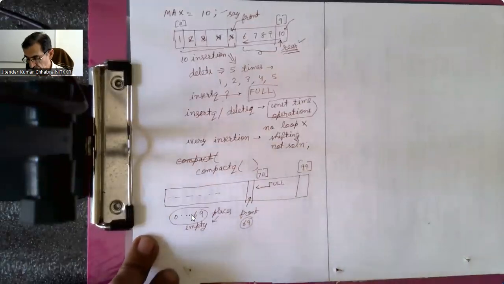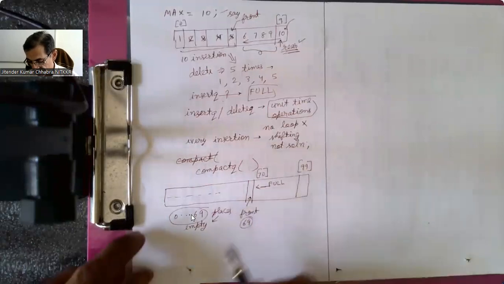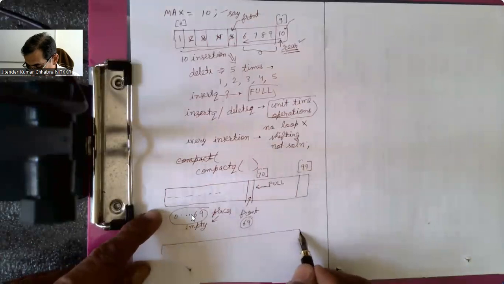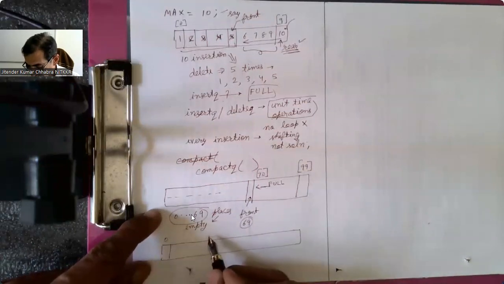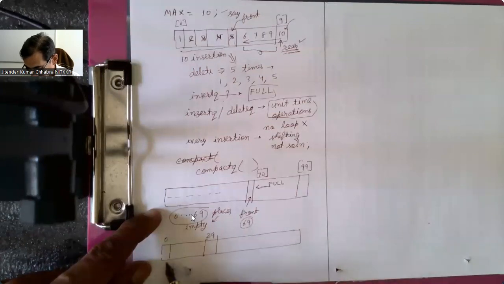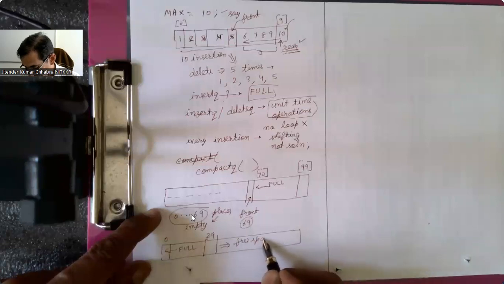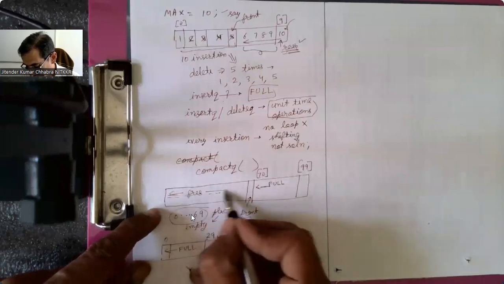Then I would like to have this queue readjusted in a way that elements from 70 to 99 get shifted and stored from 0 to 29 as full, and all free space is available from here onwards. So earlier this was free space but could not be utilized.